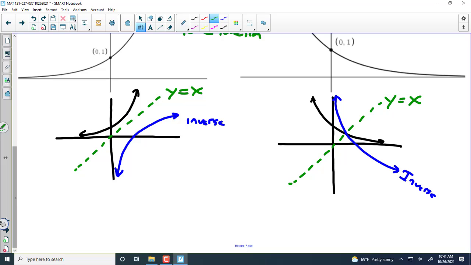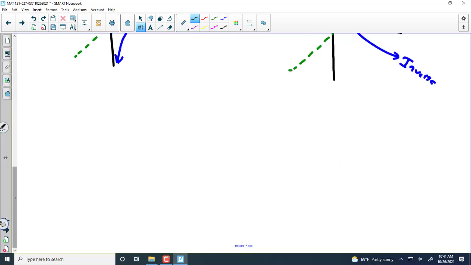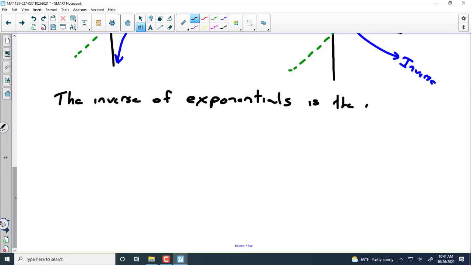All right. So the inverse of exponentials is the main topic in sections 4.3 and 4.4.